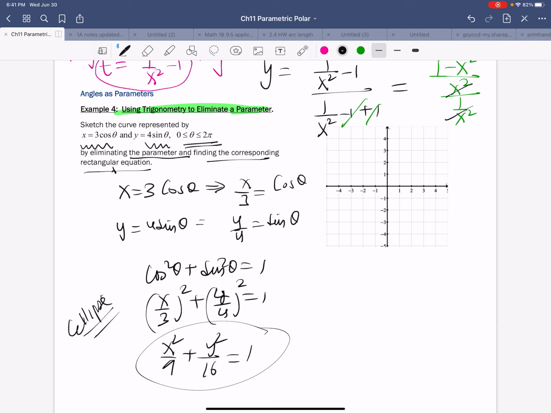Now if I were to graph it, let me go ahead and plot theta with the corresponding x and y. We can pick theta from 0 to 2 pi. We can pick any values we want: 0, pi over 4, pi over 2, pi, as many as you want. When theta is 0, x is going to be 3 cosine theta, 3 cos 0, that would be 3.